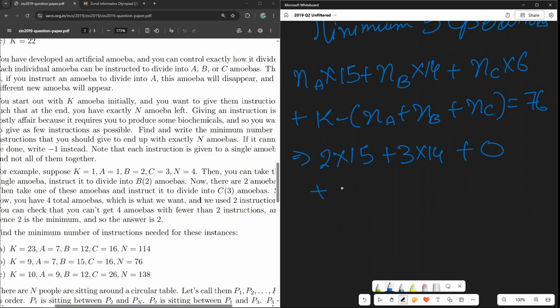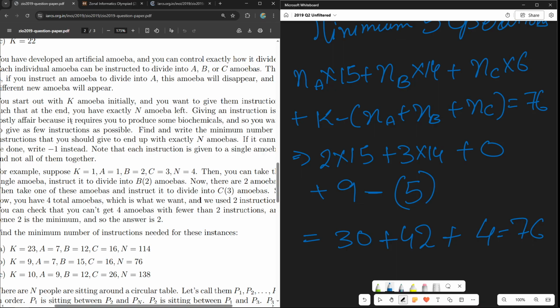What is k? K is 9 minus n of a plus n of b plus n of c, which is 5, so 4. So this is 30 plus 42 plus 4, 76. So 5 might be the correct answer. So we'll check the answer.